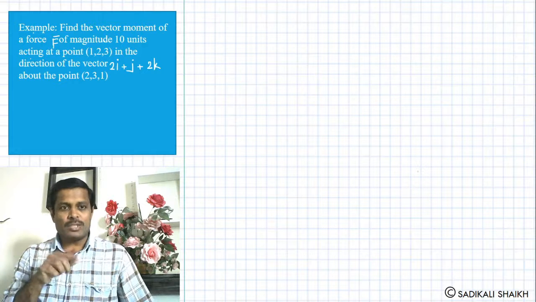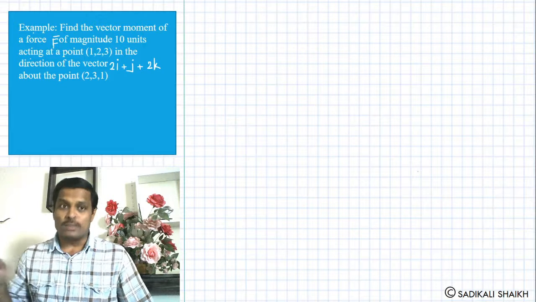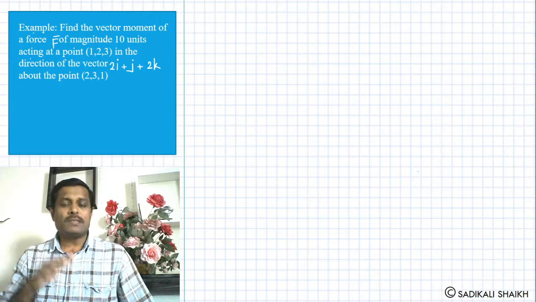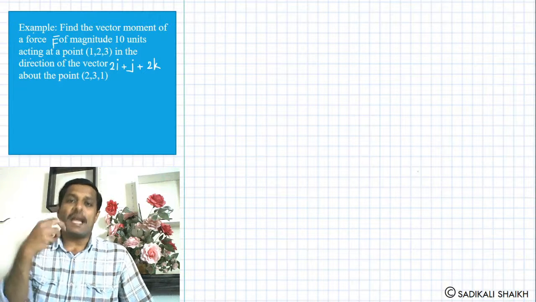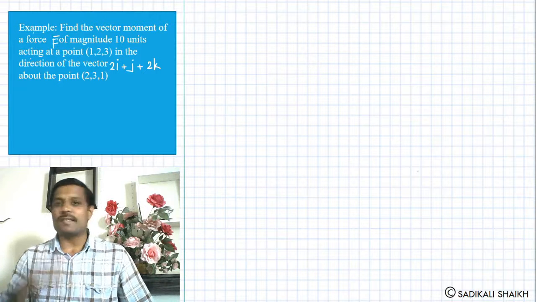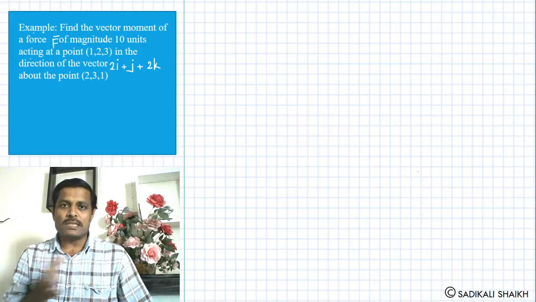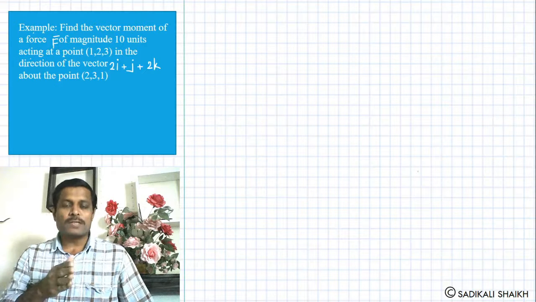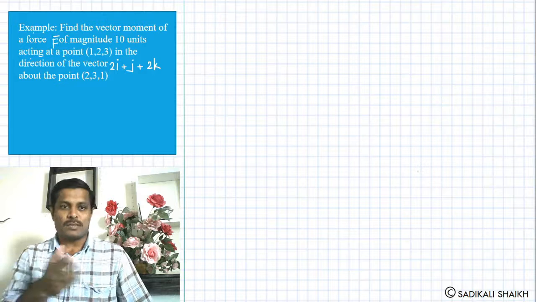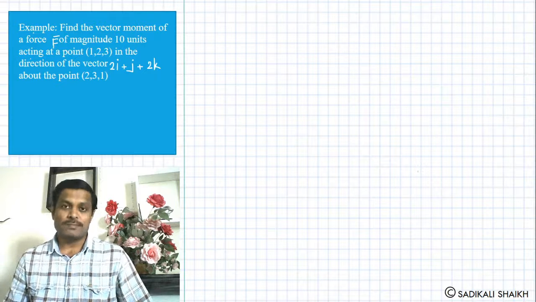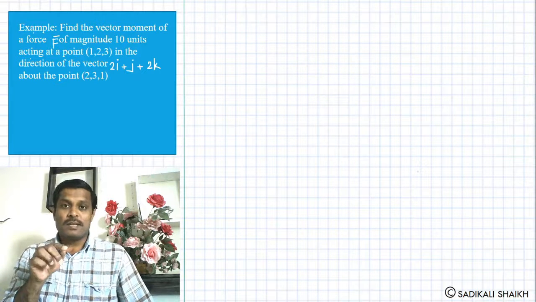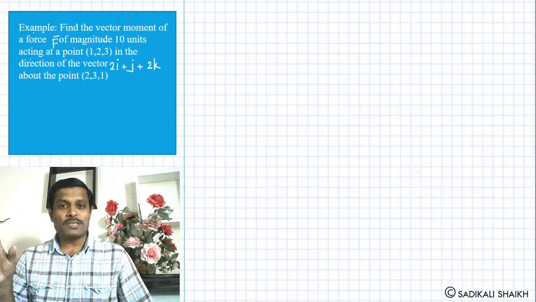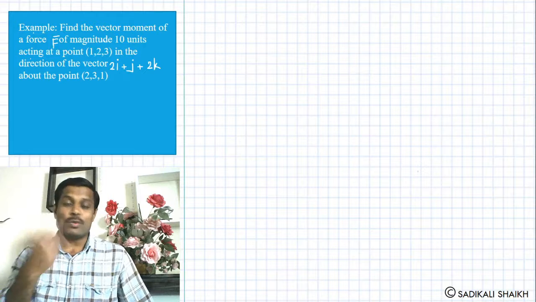But here the direction of the force is in the direction of a vector. So instead of giving a direct expression of force, they are saying that the force has magnitude 10 units and is in the direction of the given vector 2i plus j plus 2k. That vector provides us the direction of the force and the magnitude is already given.